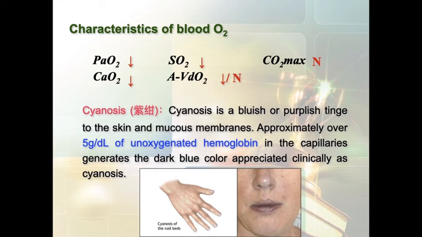When they come back, they are empty. They are unoxygenated. So we should have a certain amount of unoxygenated hemoglobin in our capillary, but not this high. It should be around 2.6 to 2.8, not up to 5.